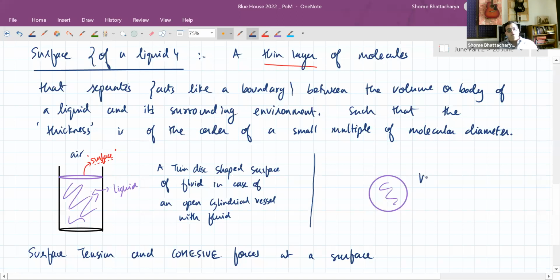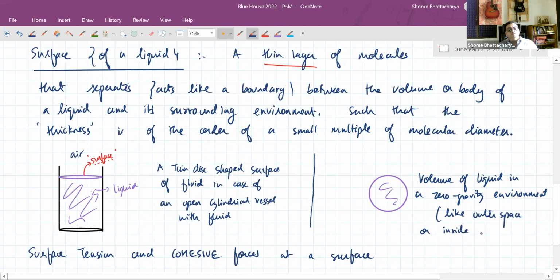So in a zero gravity environment, like outer space or inside an orbiting space station, etc. Okay.